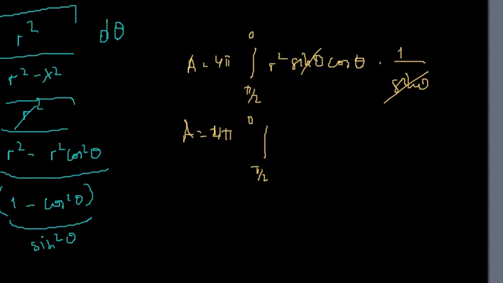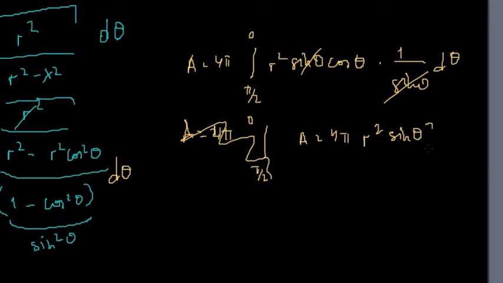So we can just quickly integrate it. A is equal to 4 pi r squared integral of cosine theta d theta, and it's equal to 4 pi r squared sine of theta evaluated between 0 and pi over 2.